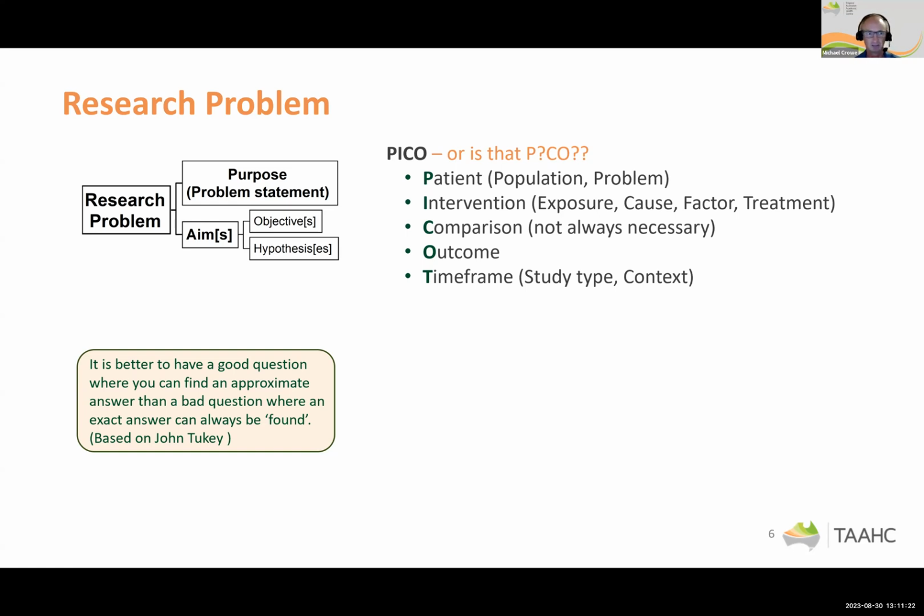So just to make it all crystal clear for you, it tries to do this. But the way I look at it, and the way that I've seen it, is, okay, you come up with your research purpose, then you divide that up into your aims, and if required, you divide that further into objectives or into hypotheses.